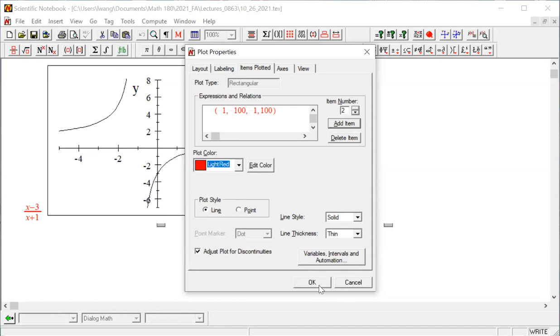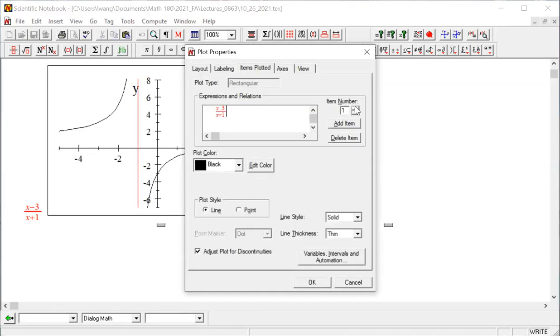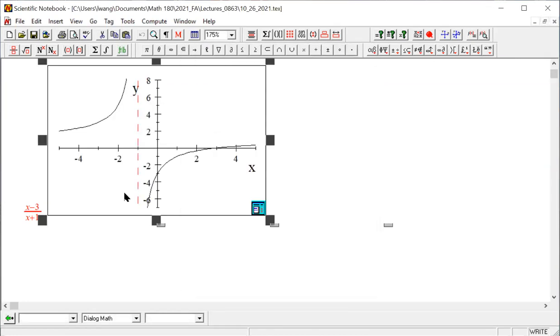That should be a broken line. There's a vertical asymptote, and that's at -1.